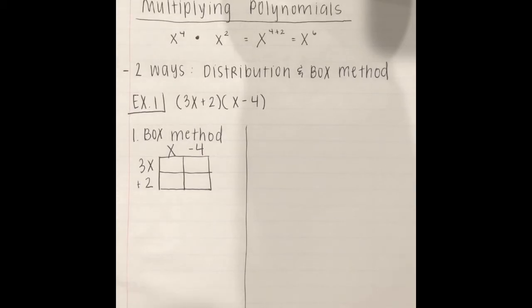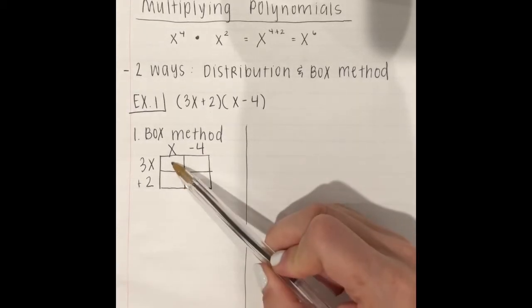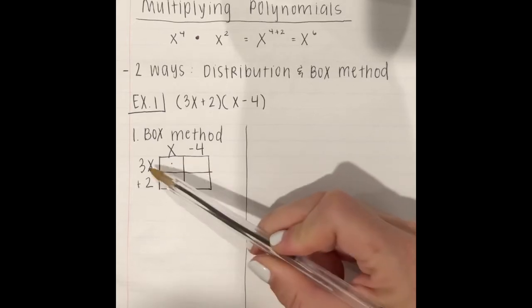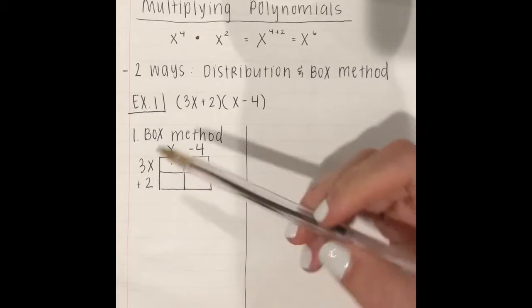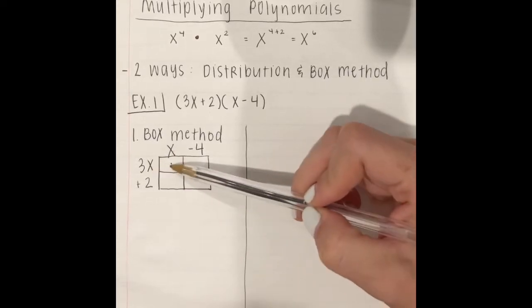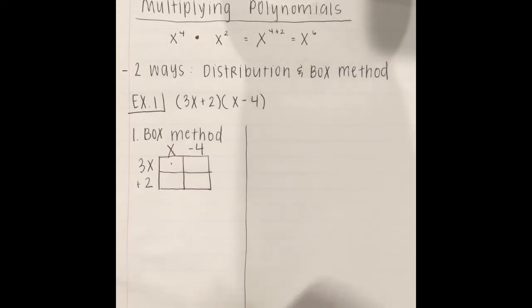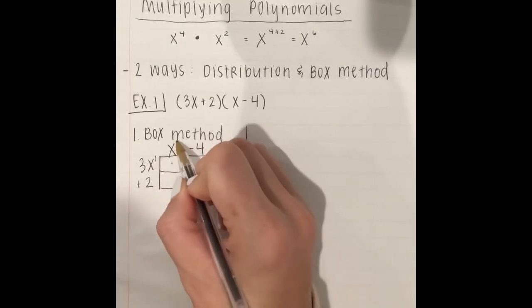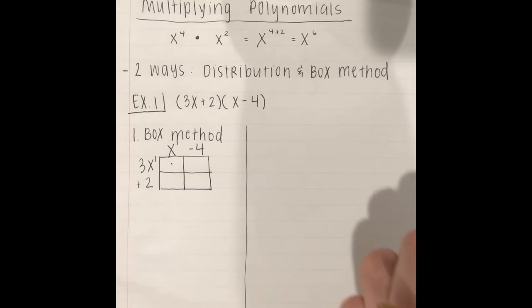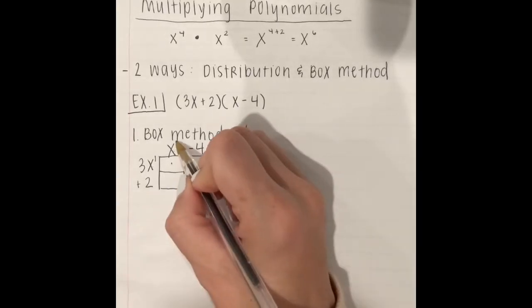Now what you're going to do is in each box, you're going to look to the left and to the right, and you're going to multiply those, okay? So right here, if I look to the left, I have 3x, up above I have x. If you don't see an exponent on your variable, then there is an exponent of 1. So I would go ahead and add those so that you don't forget.